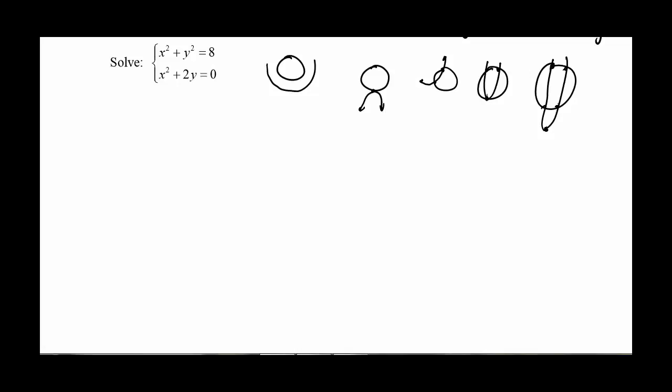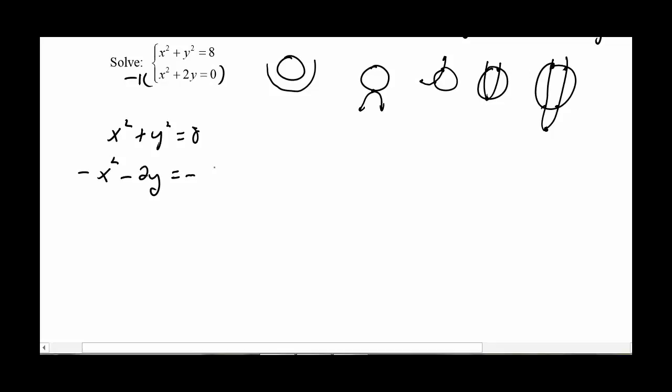So in this particular system, I like elimination. So I'm going to multiply that bottom equation by negative 1. And so that would give me, let me copy down the first one, and then down below I'd have negative x squared minus 2y equals 0.